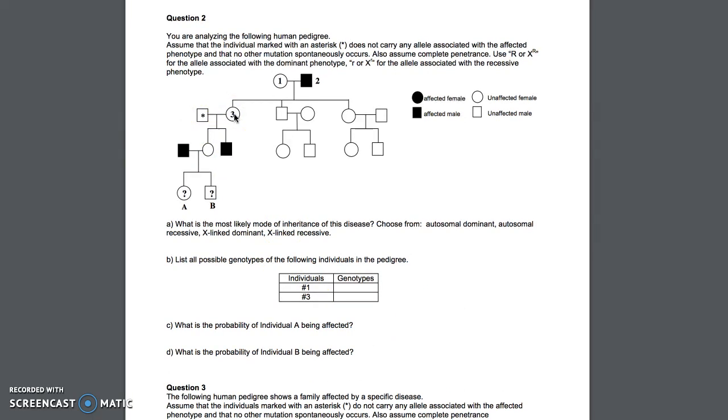This individual has a 50% chance of passing on her diseased X to this individual. Okay. But the question asks about A. So here's a 50% chance of it being passed from here to here.